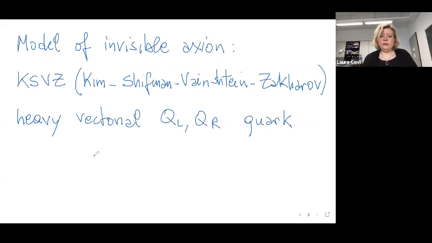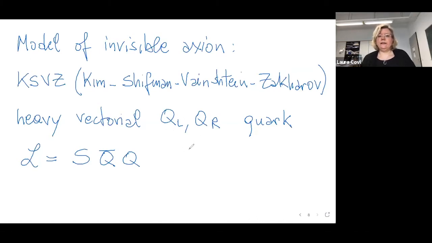And what you do now is, of course, you can add to the Lagrangian a scalar field as usual, which I call here S, and then you have Q bar Q. And this quark field, you assume that it has a charge under the Peccei-Quinn symmetry, so that the left-handed component and the right-handed component, due to this gamma 5, have opposite sign in the transformation.